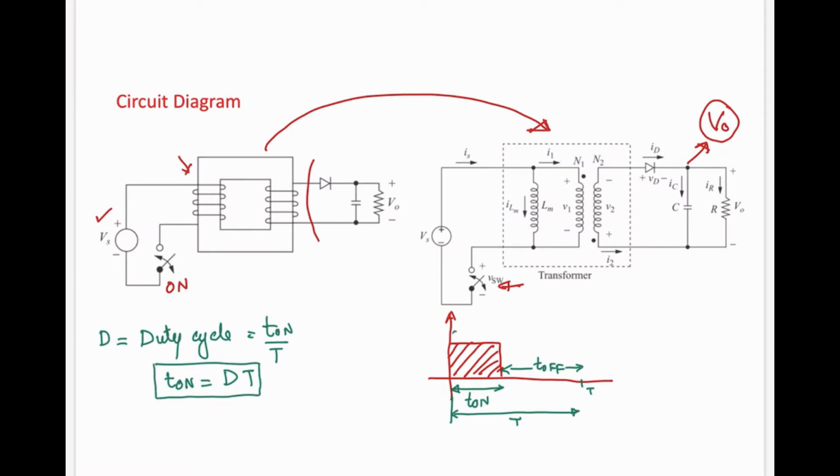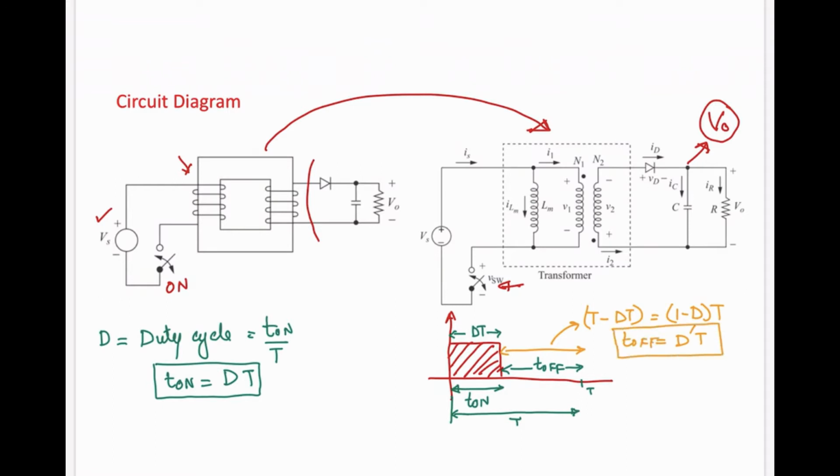The off time of your switch can be calculated by subtracting the on time from the total time T. So this is 1 minus D times the total time, and I will call 1 minus D as D prime. So the off time of your switch will be equal to D prime times T.